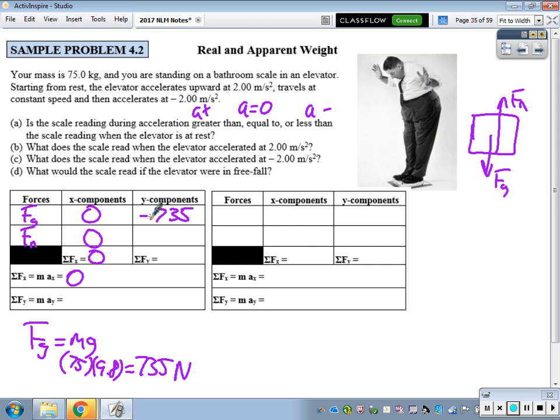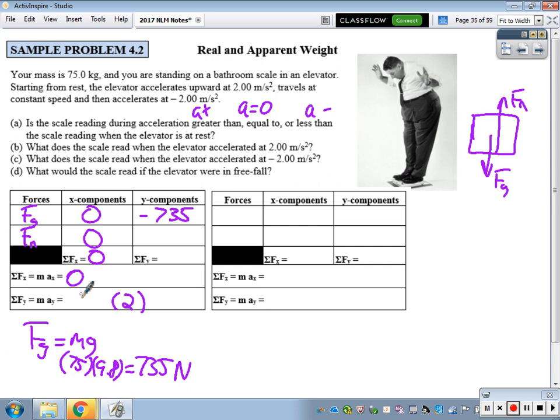So now here's what I want us to be able to do. Notice how I've set up these tables a little bit differently at the bottom. I've done this to help you at the very beginning. We need to find the sum of the forces acting on the y-axis. This is a case where it is not 0. Why? Because we know that we are accelerating at 2 meters per second squared.